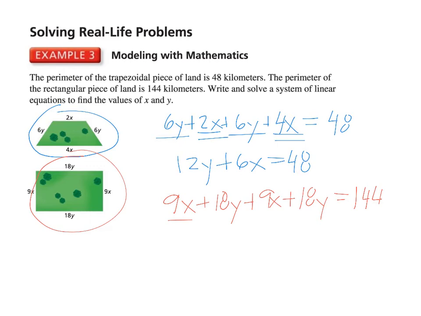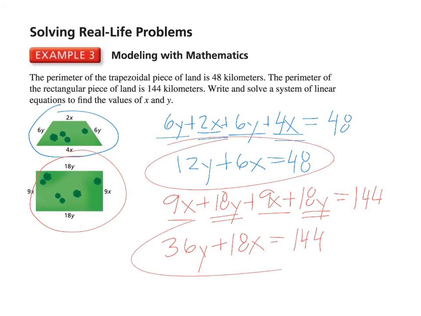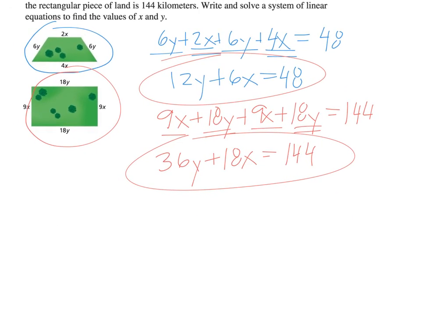I'm going to put the y's first and the x's second. So I get 36y plus 18x is equal to 144. So I have these two equations to work with now. Let's line them up. So I have 12y plus 6x equals 48.